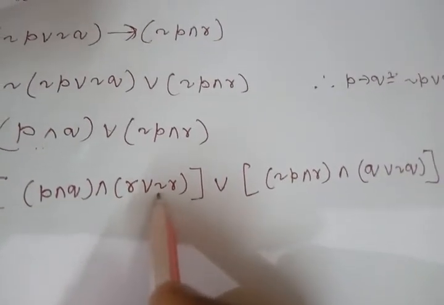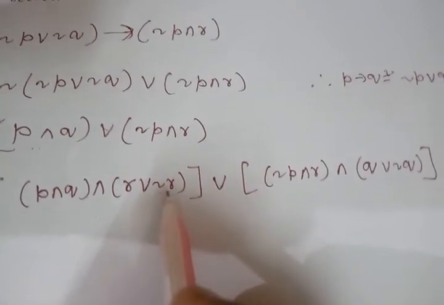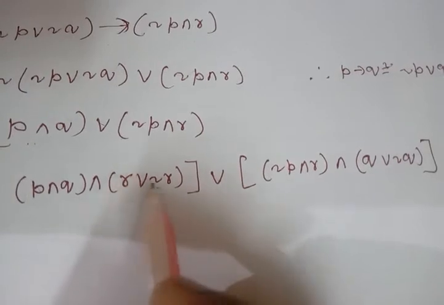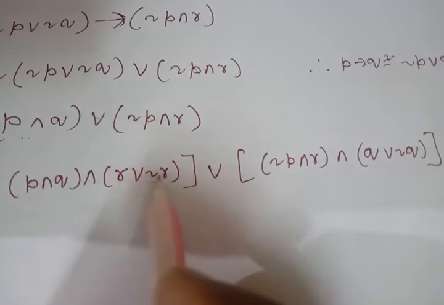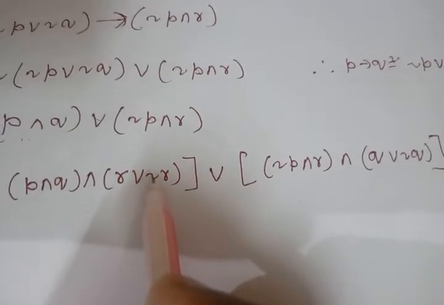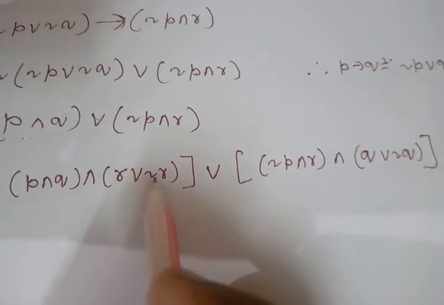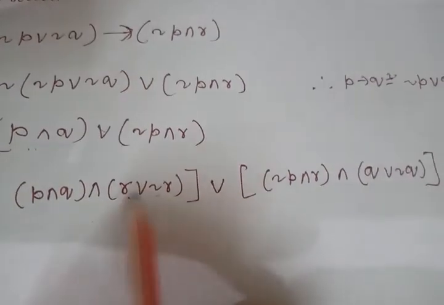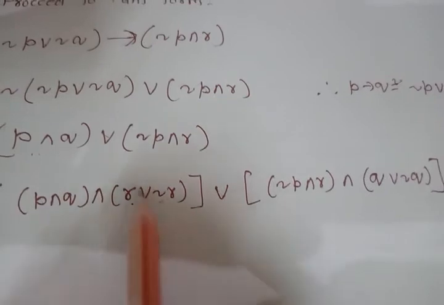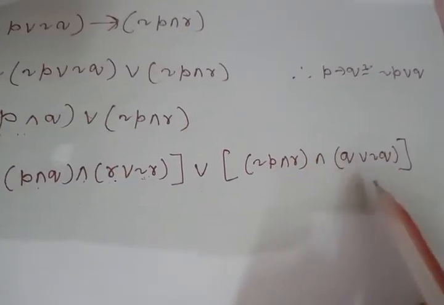The truth value of R disjunction negation of R is always true. As we know from the disjunction rule, if both propositions are false, then the truth value of the compound statement will be false. Here R and negation of R do not have the same value, so the value of this compound statement will be T, and T in conjunction with the other statement gives the same value, and the same here.